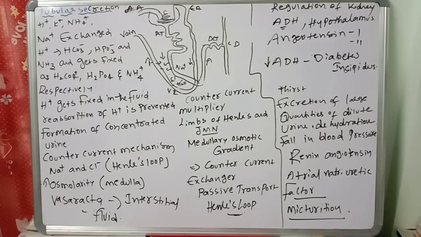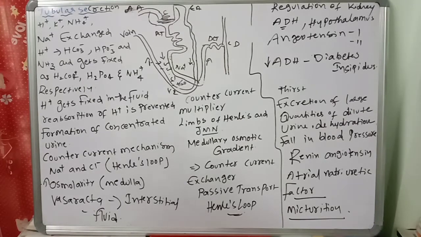The natriuretic factor coming from the heart decreases glomerular filtration. One is increased, one is decreased. Because of these two, the RAS mechanism and natriuretic factor, regulation of the kidney goes on.